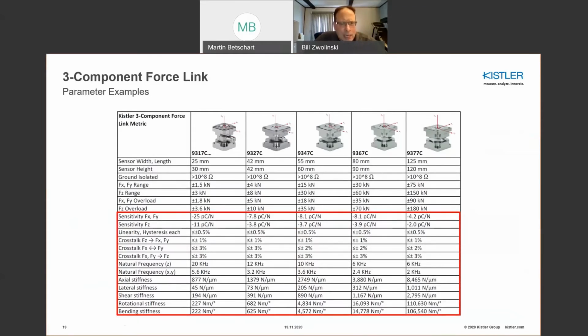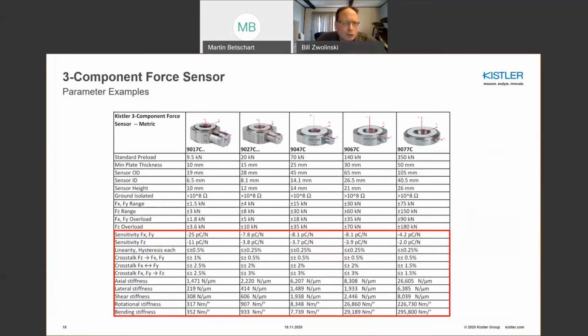So a lot of times customers will look at whether to go with the force sensor or the force link. I also show you a little bit about the terminology: sensitivities, linearities, crosstalks, and stiffnesses are all critical to assessing how your force measurement platform performs.